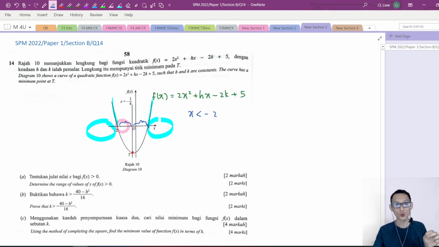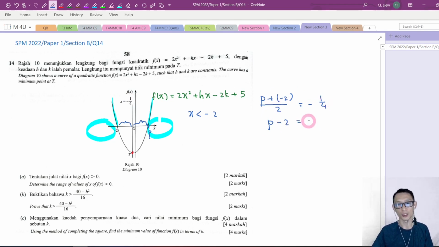If you take these two numbers, add up together, divide by 2, you get this. I don't know this, so I just let it be p. So from here I know that p plus -2 divided by 2 will give us this, which is -1/4. So p plus minus 2, bring it over here.